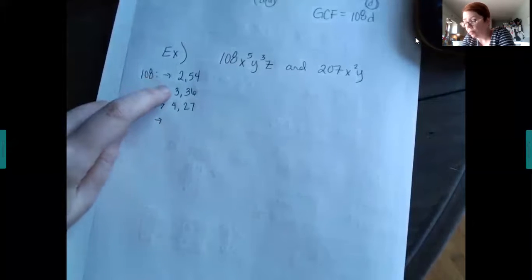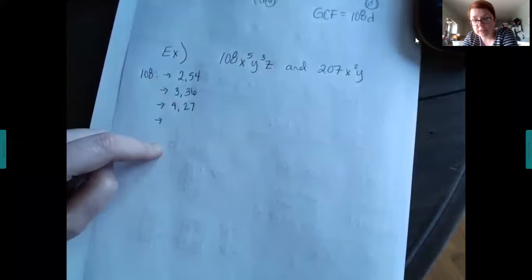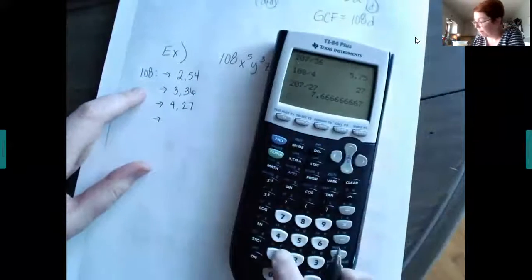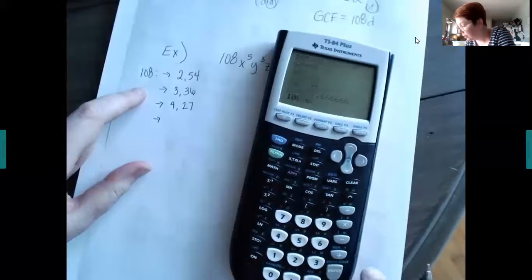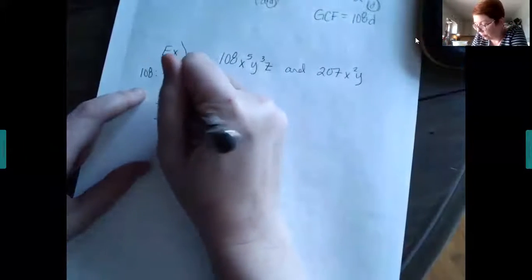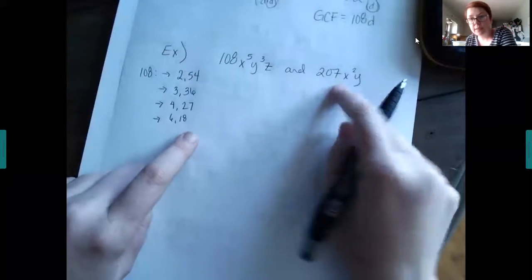So 3 worked. What's a little bit bigger than 3? 6, right? That's getting up there, so we can try 6. 108 divided by 6. Look at that, we got 18. Okay, can I divide 207 by 18?